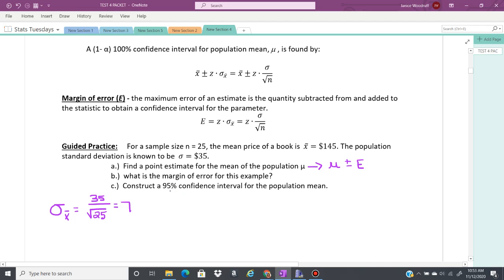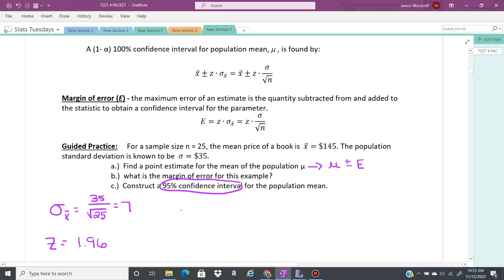Oh, we need to go back down here to find the confidence interval. So 95%. That means that our Z, going back to the chart, is 1.96 for that 95%. So this should have probably been A, B, C like that, sorry.